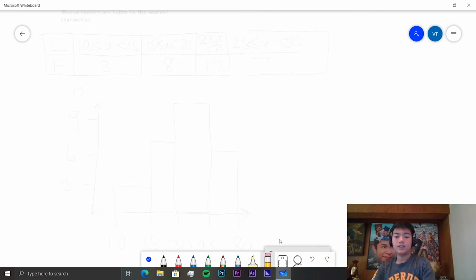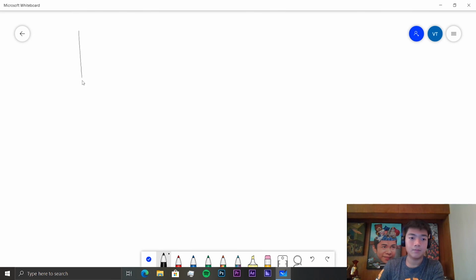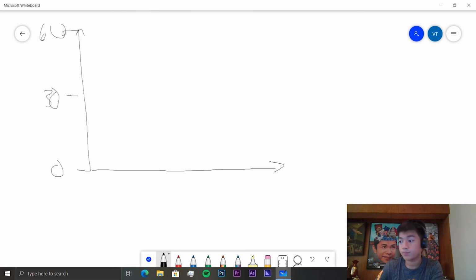Okay, let's move on to the final question. It says that we have a histogram here, with 0, 30, 60 on one axis and 0, 1, 2, 3, 4, 5 on the other.